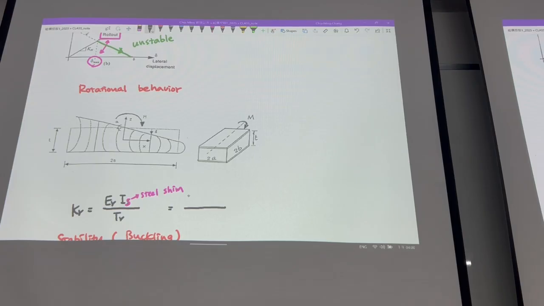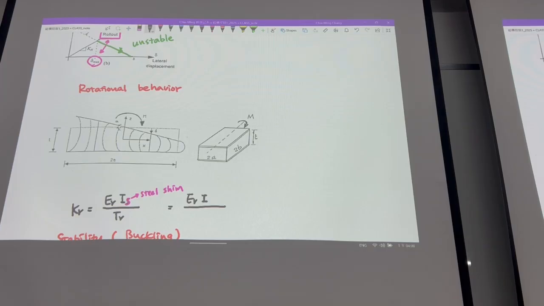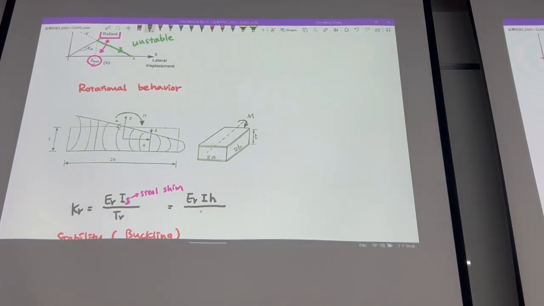Then the modification is that if you consider the overall I together, then it will become like this.